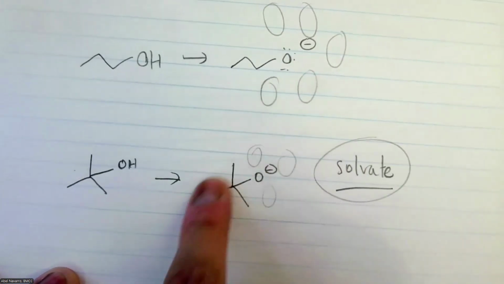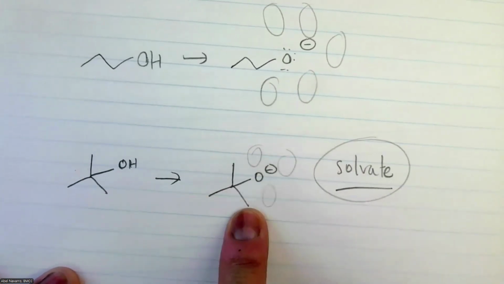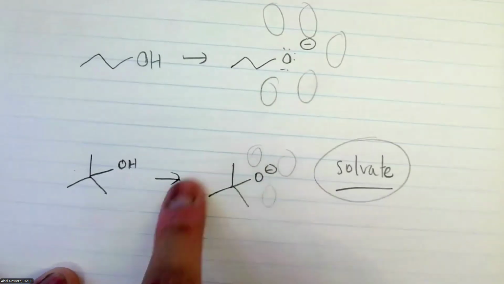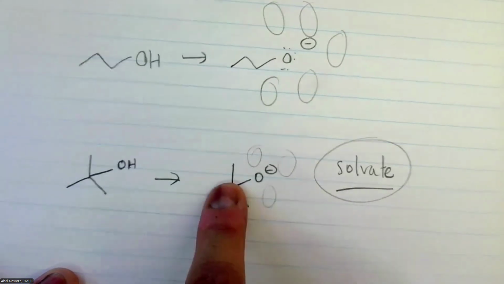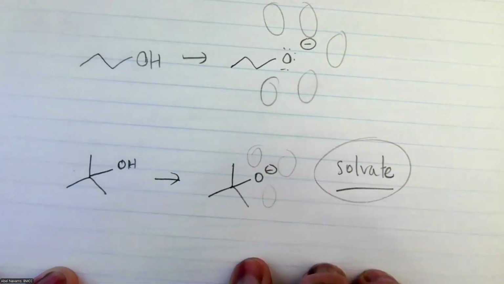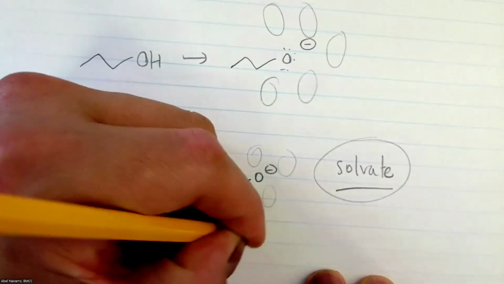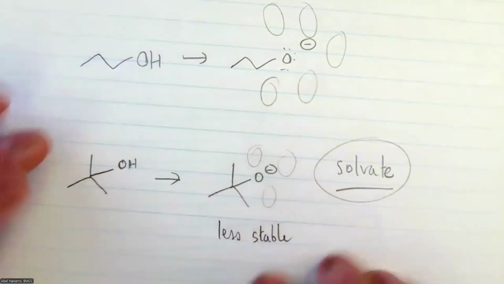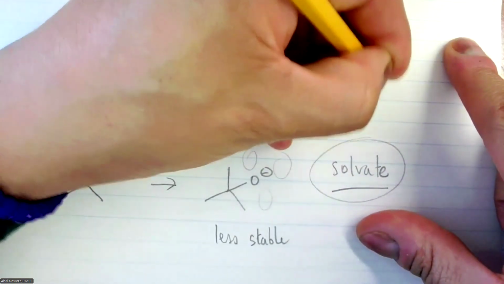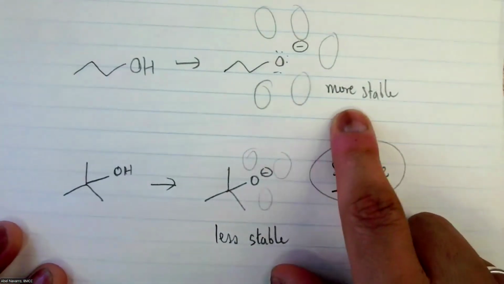Since there are so many branches, so many carbon groups here, in this case methyl, but it can go worse, it will prevent the solvent from interacting. So this one is going to be less stable. This one will be more stable. What happens when something is more stable?